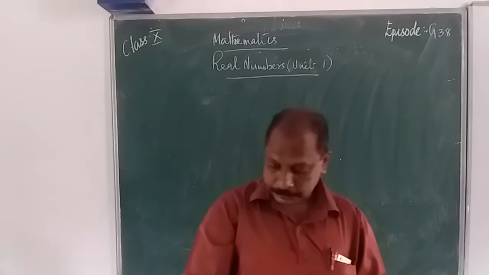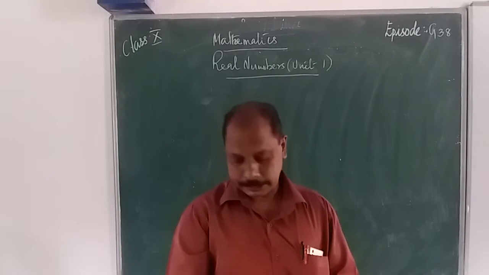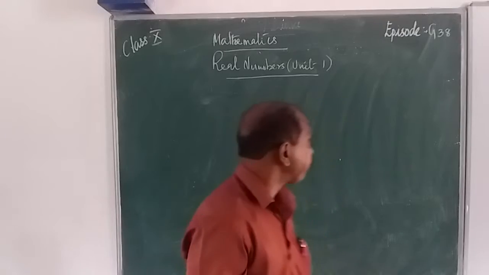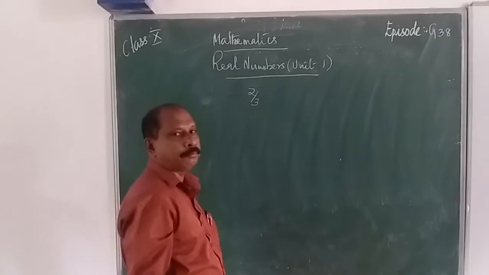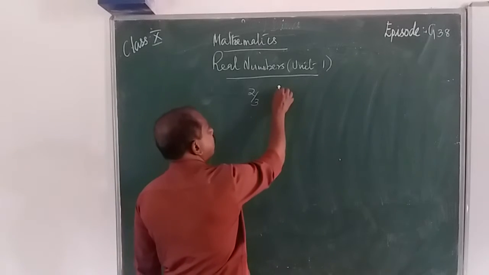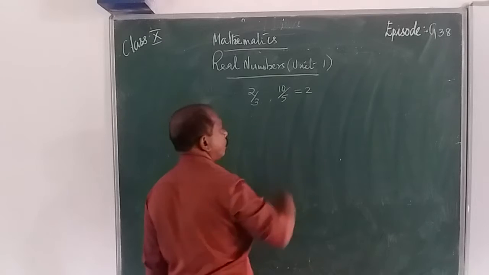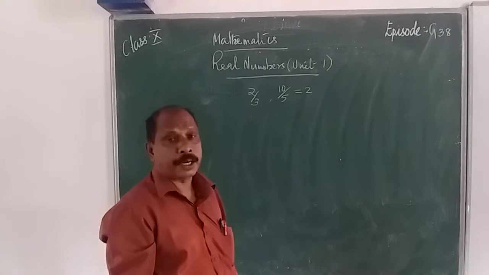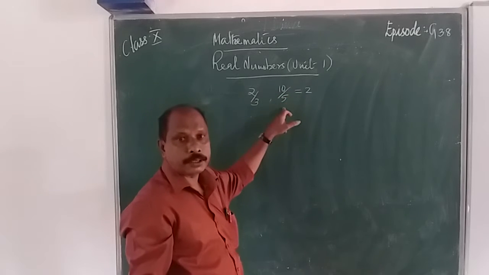Then, in the number system, let us consider several numbers. For example, 2 by 3, that is a number. 10 by 5, it is 2. Therefore, we can express 2 as 10 by 5.